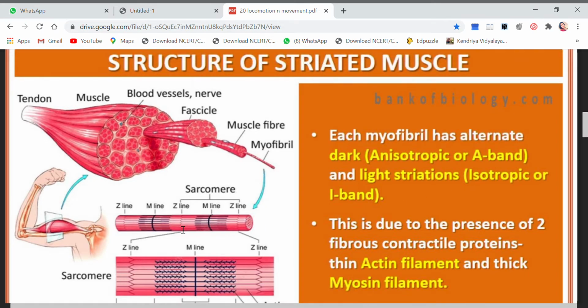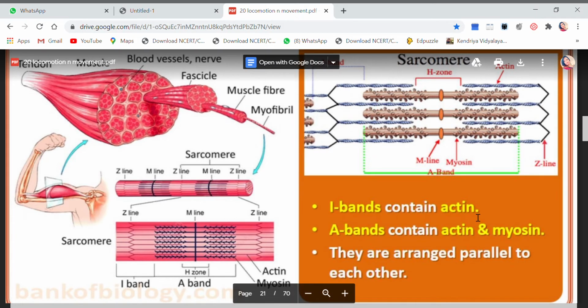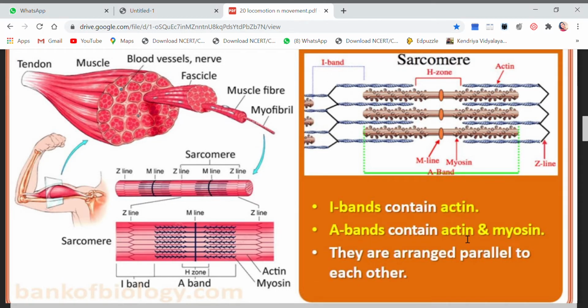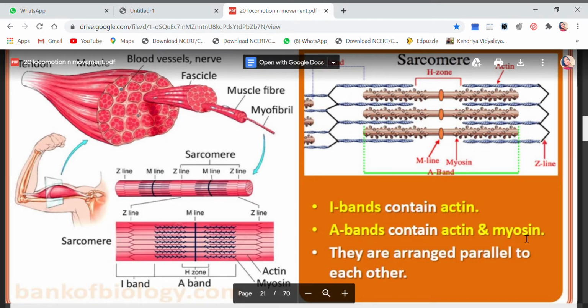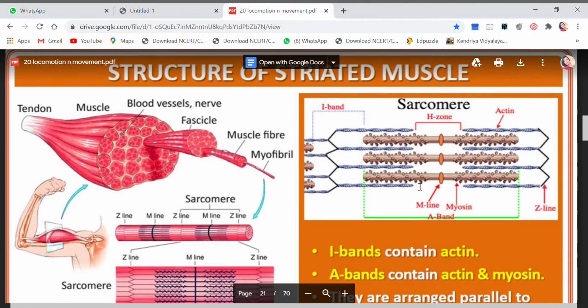This area is the I band because it is lighter, and this area is dark, it is anisotropic. So what are they saying, children? They say that the I band contains only actin, whereas the A band contains both actin and myosin. They are arranged parallel to each other. Now let me show you.